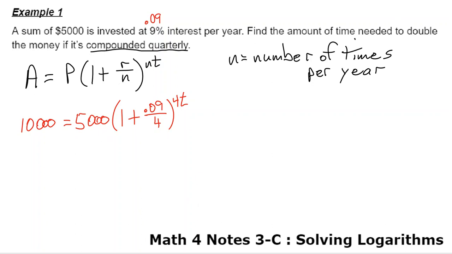Well, first of all, we're going to divide both sides by 5,000. That's going to give us 2. And by the time I divide 0.09 divided by 4, I get this.